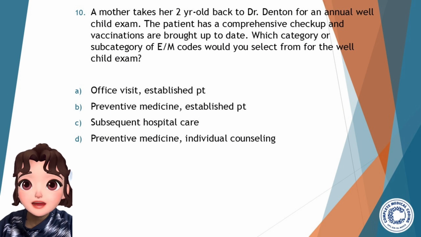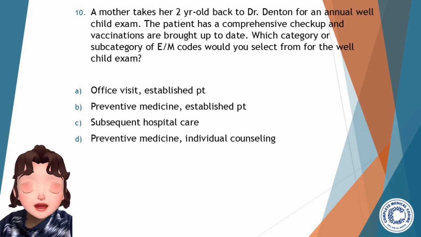Is it an office visit established patient? Is it a preventive medicine established patient? Subsequent hospital care? Preventive medicine, individual counseling? This is obviously a preventive medicine because vaccinations are done and brought up to date, right? So it's a preventive medicine. But is it option B or D?